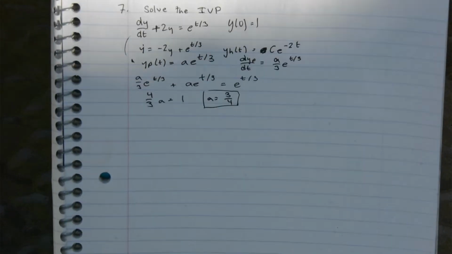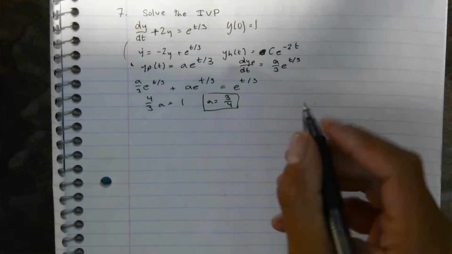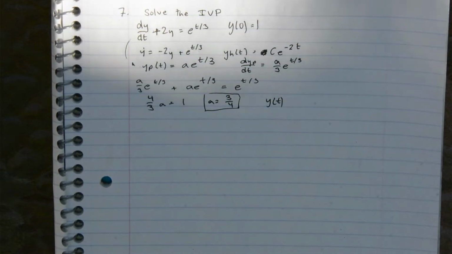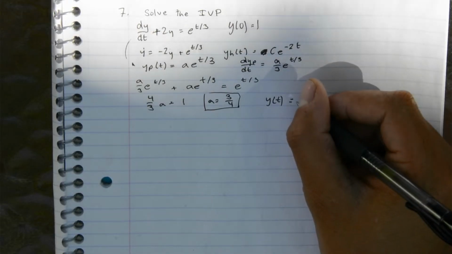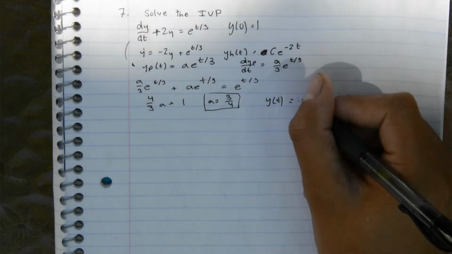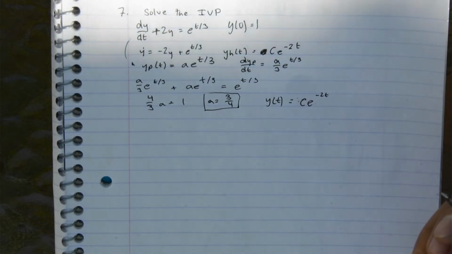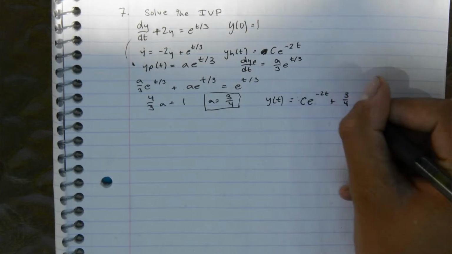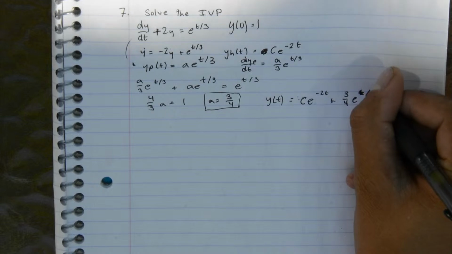So that means that our general solution should be y of t is equal to, so this is going to be the general solution, c e to the minus 2t plus 3/4 e to the t over 3.